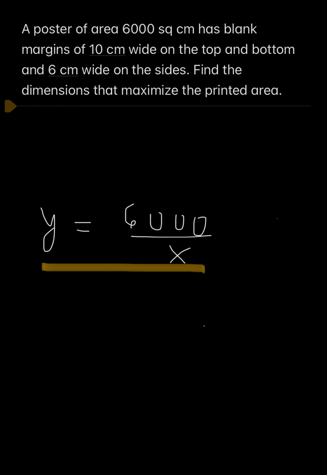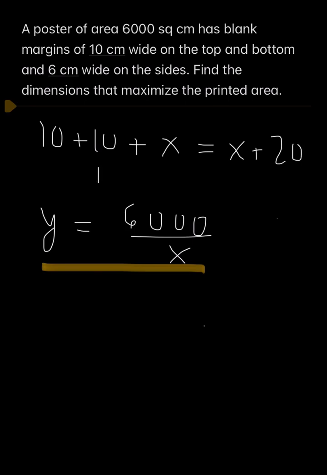But at the same time, we need to account for the margins. So it's 10 centimeters wide on the top and the bottom. That means we're going to have the little excess of 10 and 10, plus the x that's originally there, so our actual printed dimension equals x plus 20.